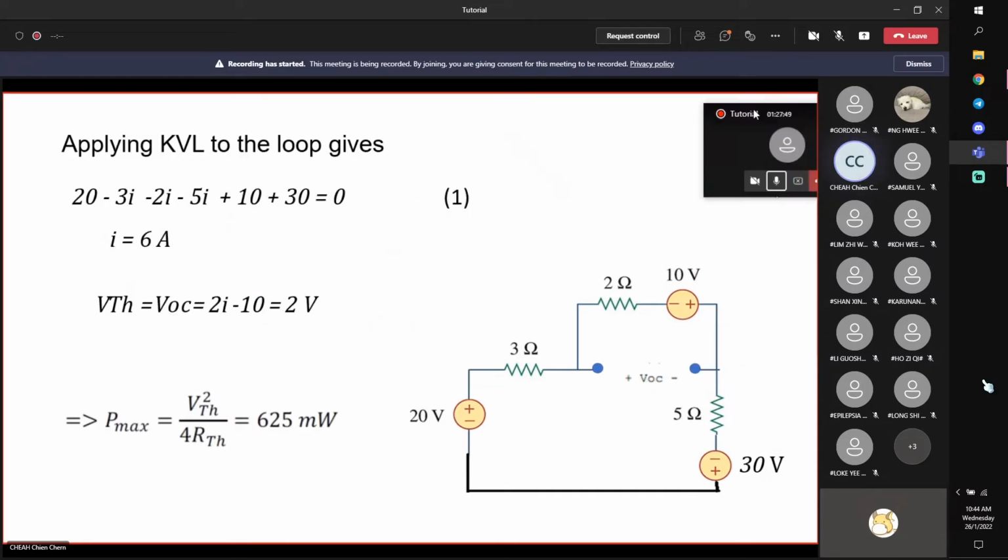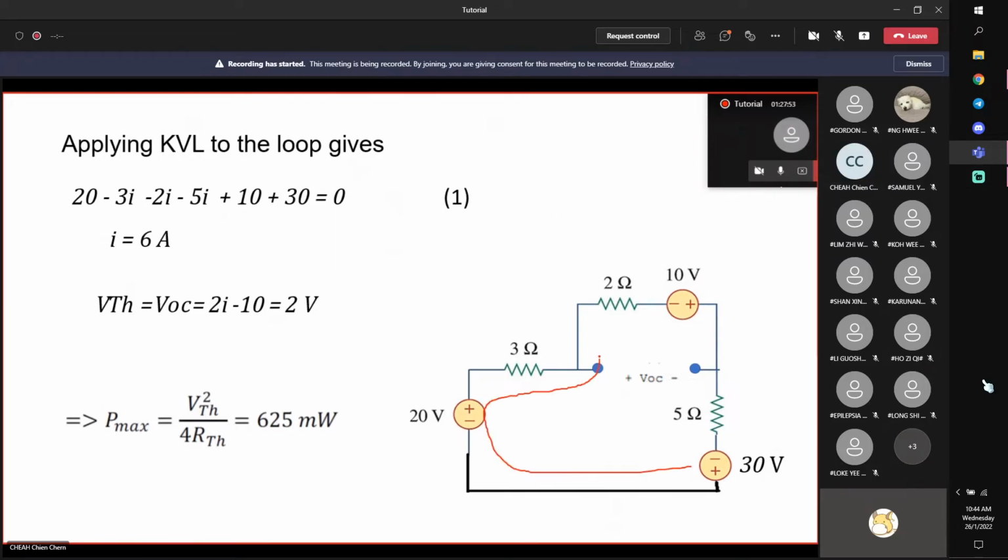So I use mesh analysis. Go around this loop. Okay, for example, you start from here, plus 20, voltage drop across 3 ohm resistors, 2 ohms, 5 ohms, right? And from here, along this direction, there's an increase in voltage, positive 10, increase in voltage, positive 30.